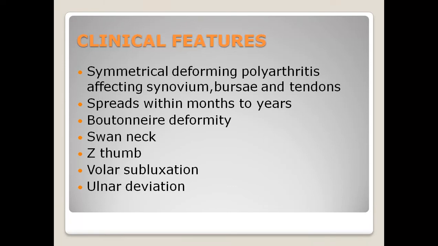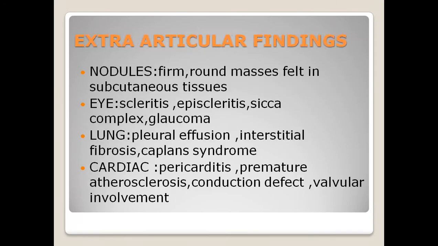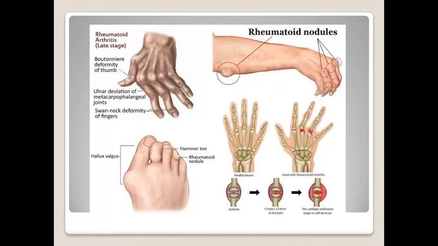It spreads within months to years, and there will be a boutonniere deformity, as I was speaking earlier. Here you can see a boutonniere deformity, ulnar deviation, and swan neck deformity. There is presence of hammer toe and hallux valgus. And these are the rheumatoid nodules.